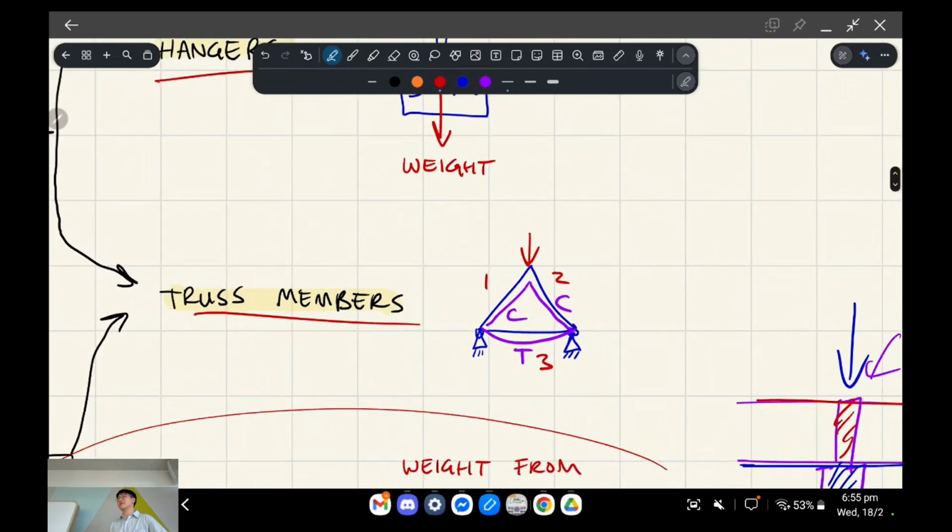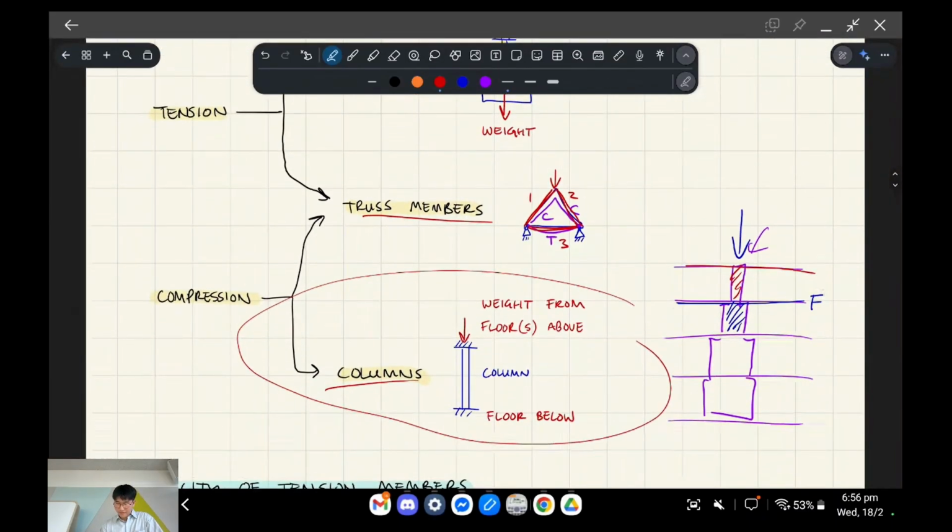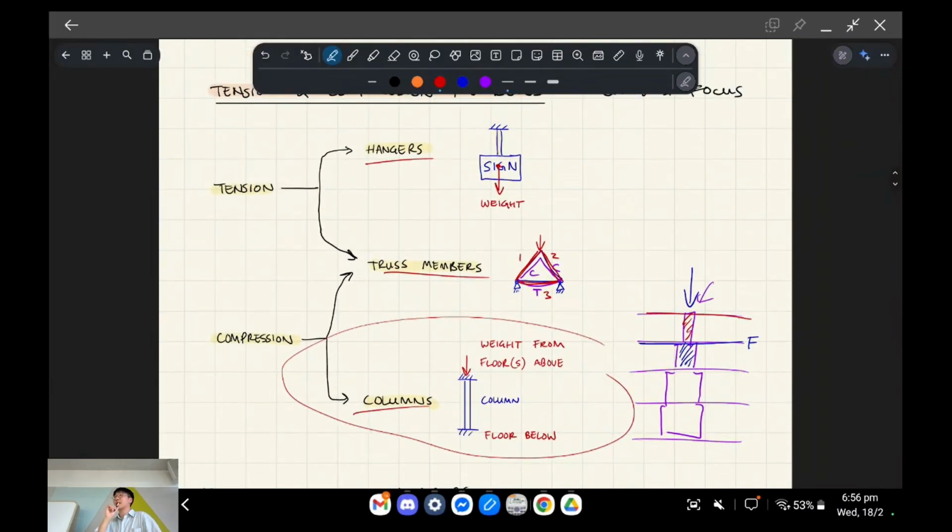So truss members can be in tension or compression, and I'm talking about pure tension and pure compression. All the load in a truss is transferred axially, so none of it through bending. Okay, any questions?